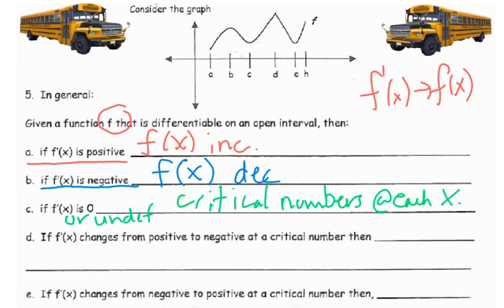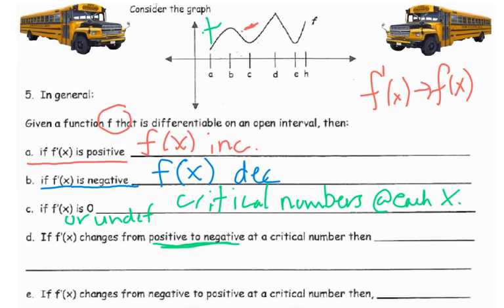Now, here's where we're getting down to where we're going to do some justifications regarding local maximum and local minimum. If the first derivative changes from positive to negative, all right, so let's go back up at our graph and see where the first derivative changes from positive to negative, and one place would be at b. So the first derivative in that first region is positive, and the first derivative in the next region from b to c is negative.